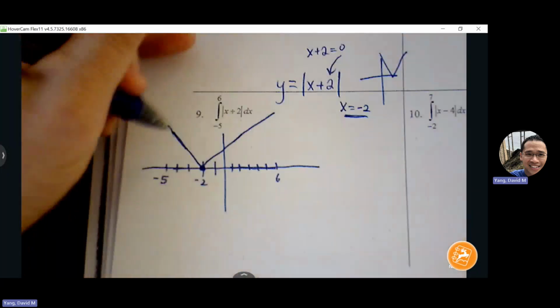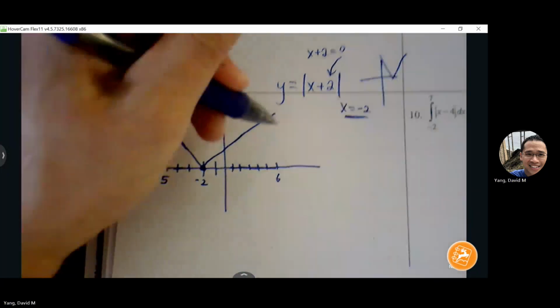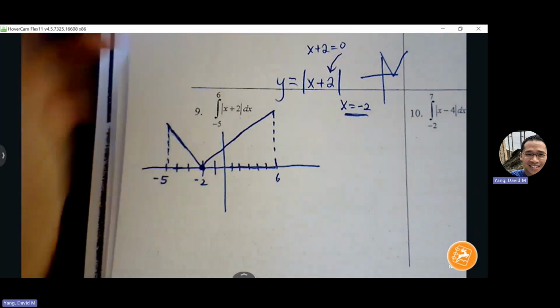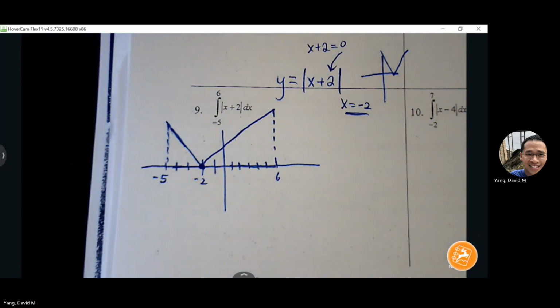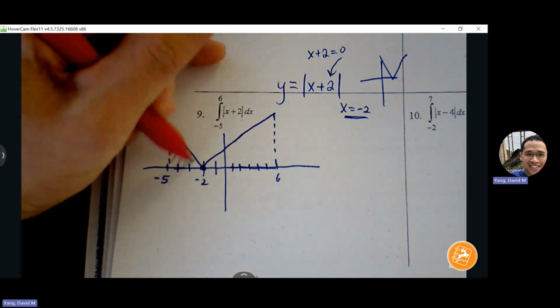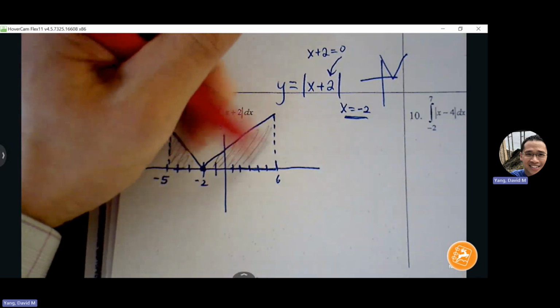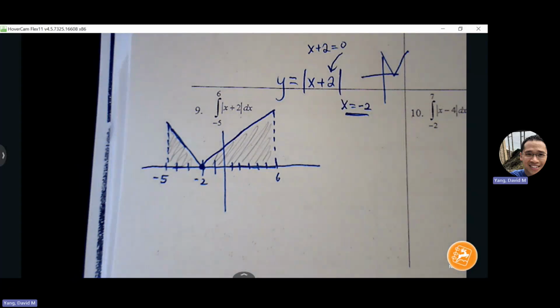You're going to be forming two triangles. The triangles may not have the same dimensions, but it's okay. If we just figure out the width and height, we can add them up. Basically, the definite integral is just asking us to figure out the area of these two triangles. That's it. That's your answer.